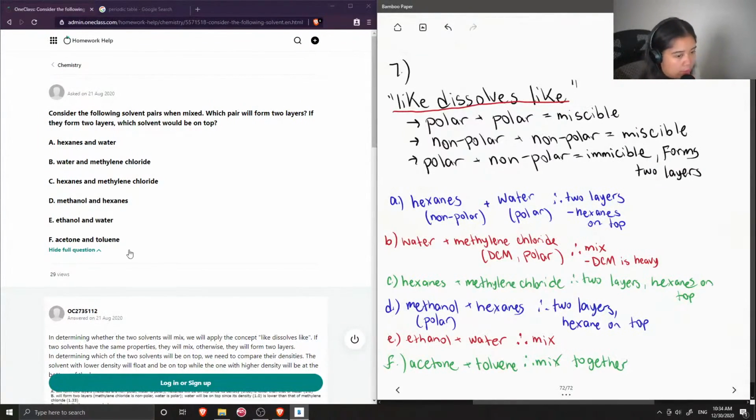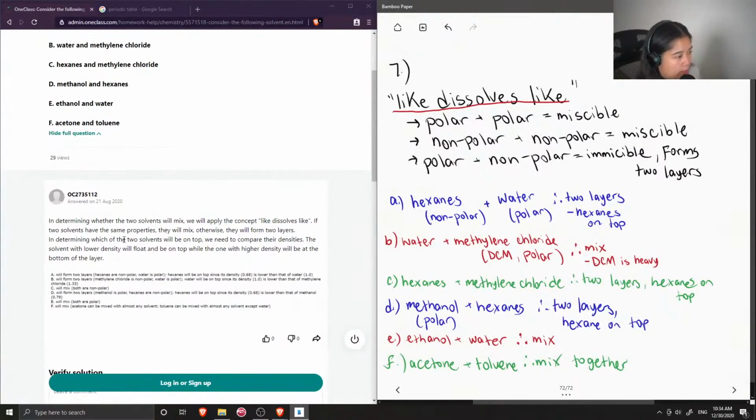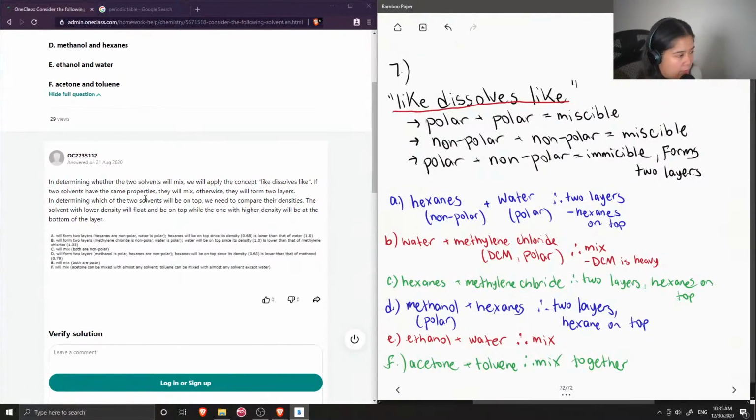Okay, so the junior tutor said that in determining whether the two solvents will mix, we apply the concept like dissolves like. If two solvents have the same properties, they will mix, otherwise they will form two layers. In determining which of the two solvents will be on top, we need to compare their densities. The solvent with the lower density will float and be on top, while the one with the higher density will be at the bottom.